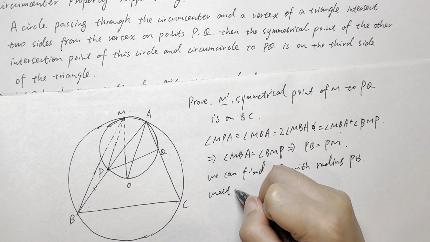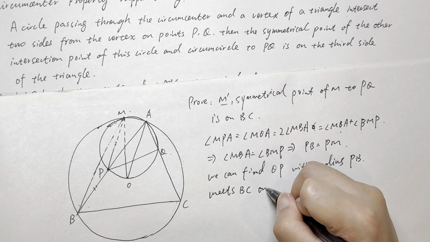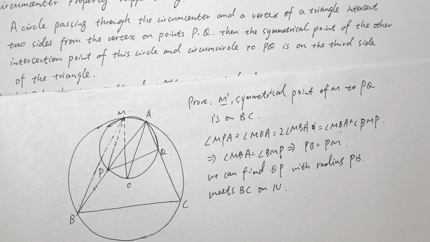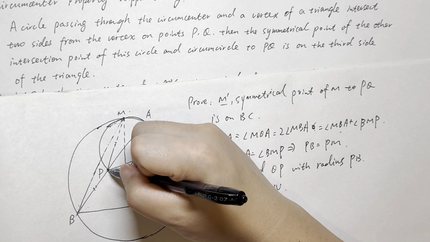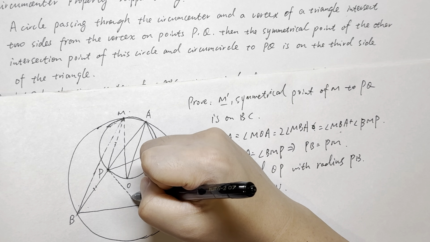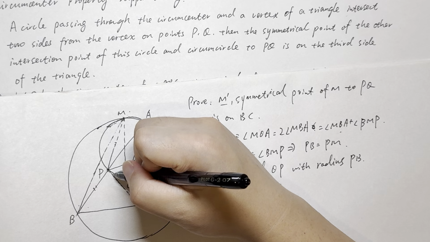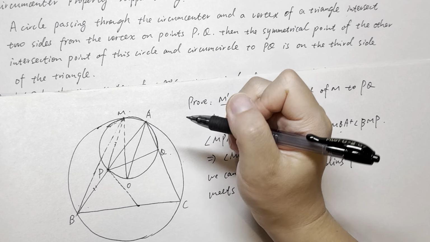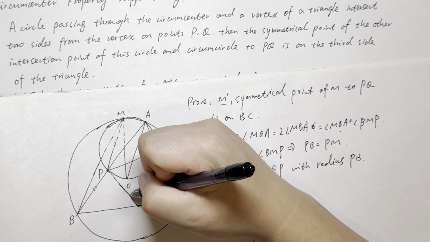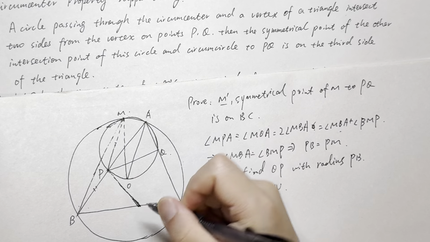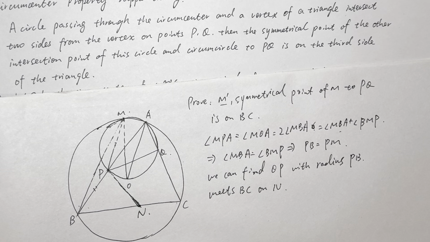And this circle meets BC at a point. Let's call this point N.